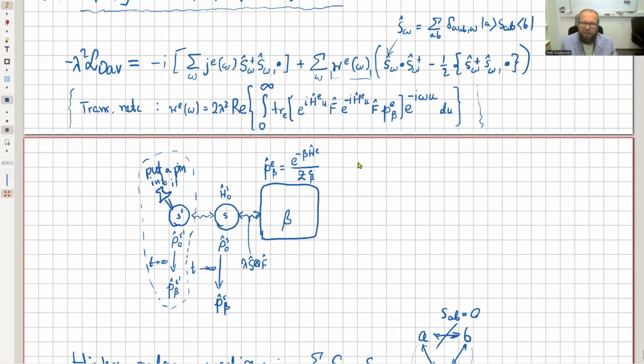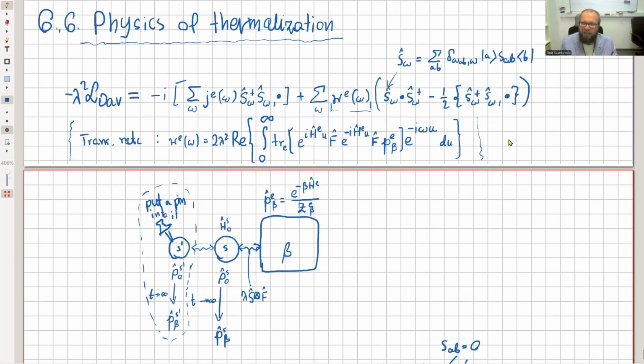the last element I think that's present here is the transition rate. If S was the side of the system, the coupling from the side of the system, the transition rate somehow captures the bath part of the coupling, right? Because it's a Fourier transform of the correlation function of the bath side, the environment side of the coupling.